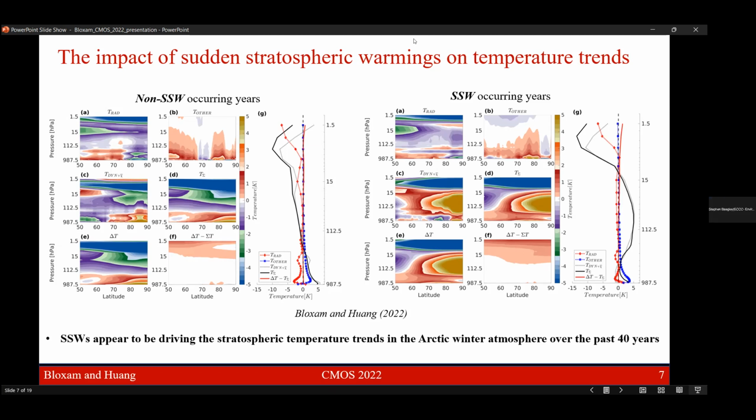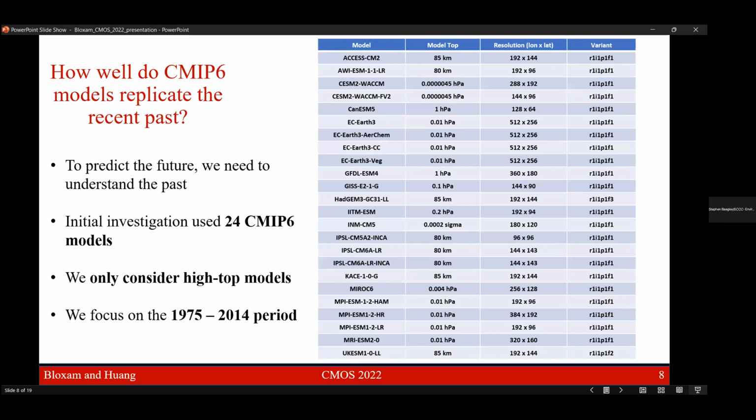Slightly off topic, but maybe not. Can I ask a question? Sure. Of the models you were looking at, the CMIP models, how many of those, and this is maybe off field, are actually interactive and involving chemistry?